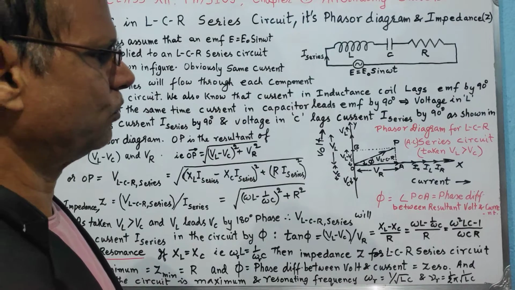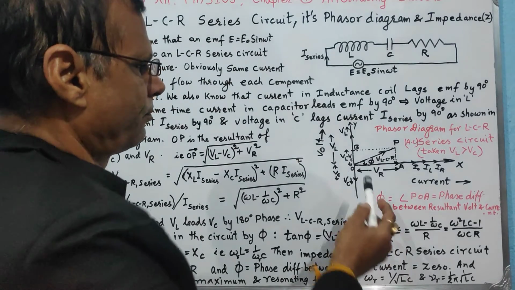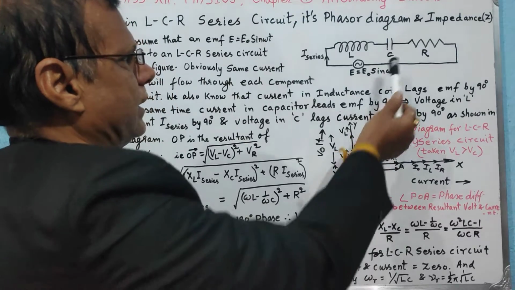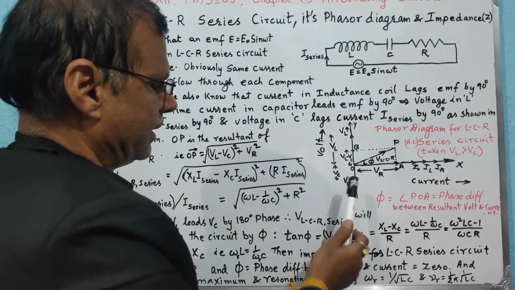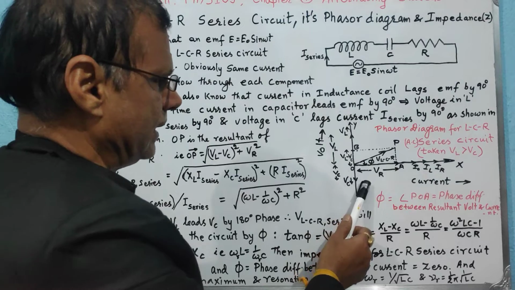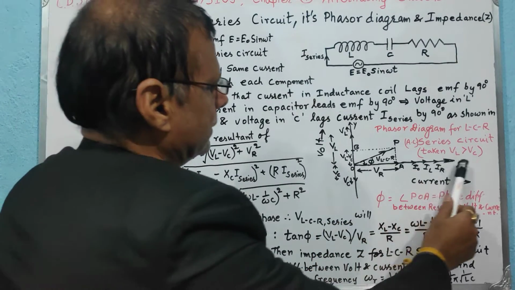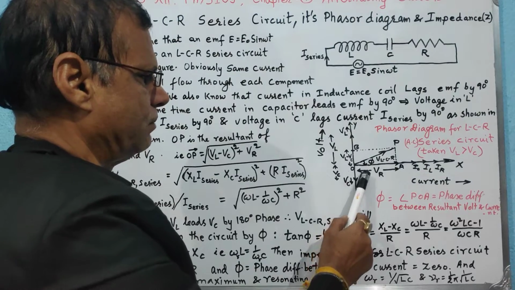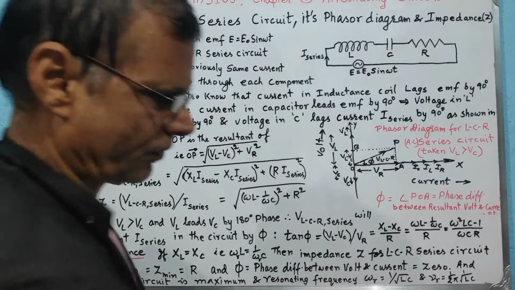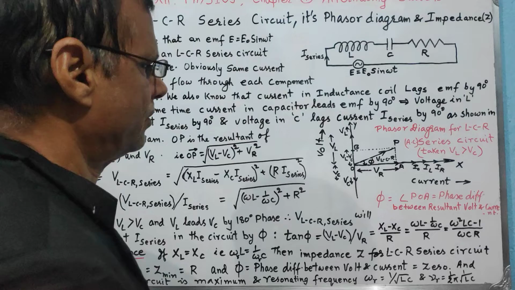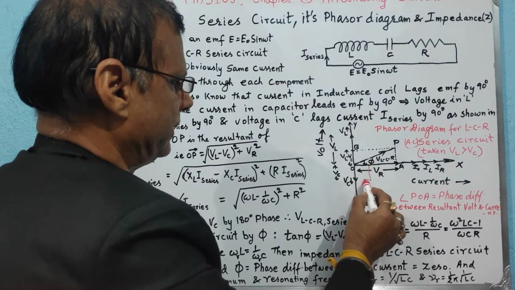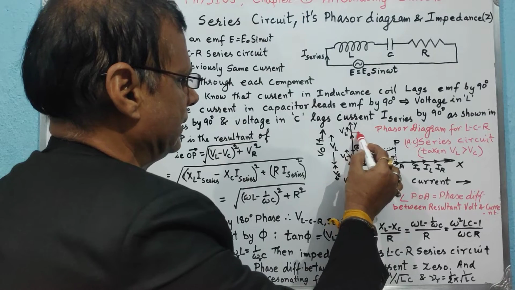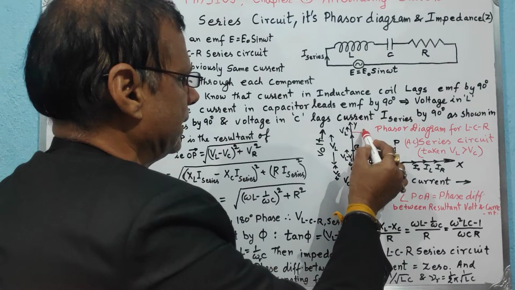Taking anti-clockwise motion as positive, the potential drop across the capacitor, represented by Vc, is lagging behind the current, which is along the positive x-axis, by 90 degrees. So Vc is lagging by 90 degrees and VL is leading by 90 degrees.